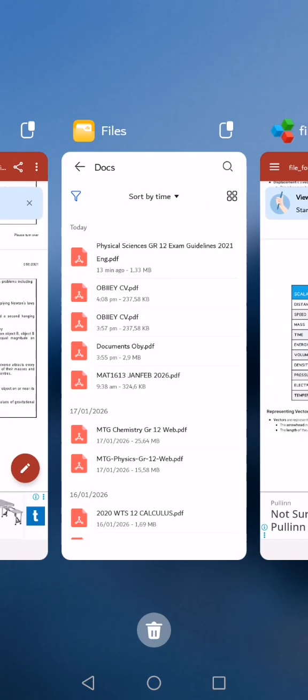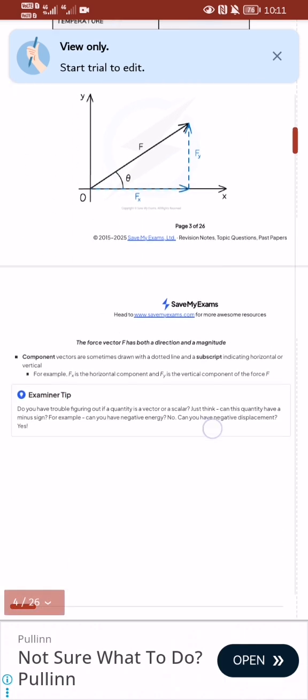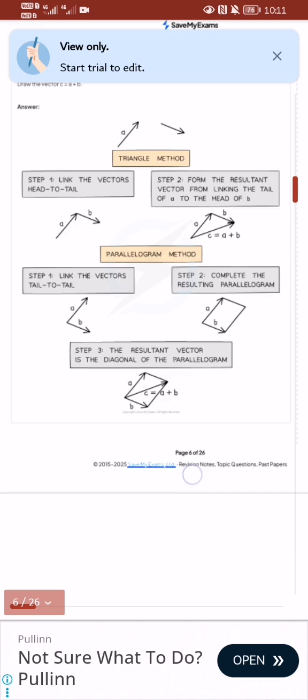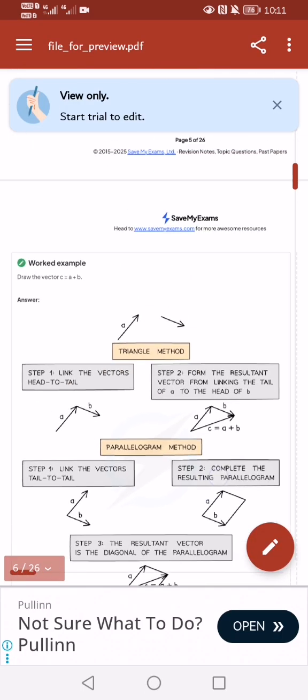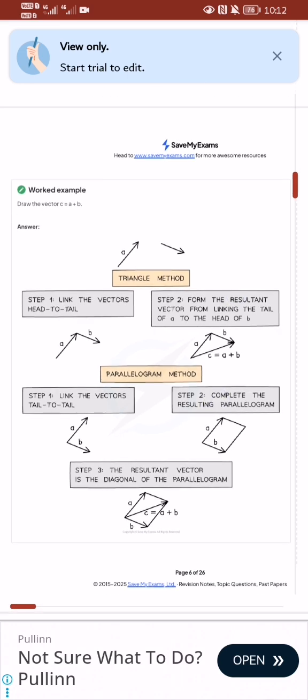We have a triangle method and a parallelogram method. For us to solve our vectors, we must know that we have the triangle method and the parallelogram method.